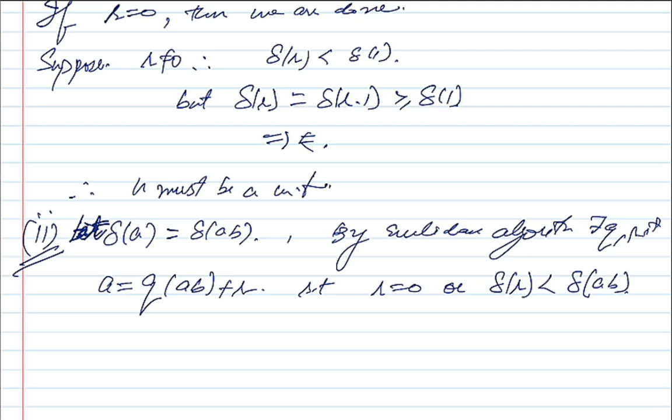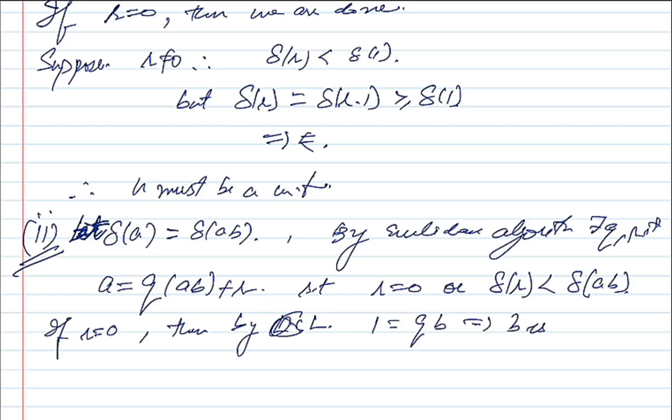So we have to prove that B is a unit. Again, if r is 0, then by the cancellation law, you will get 1 is equal to qB, which implies B is a unit.